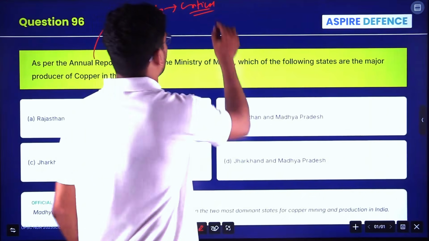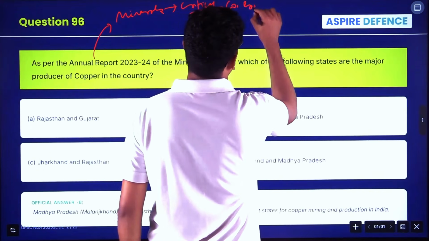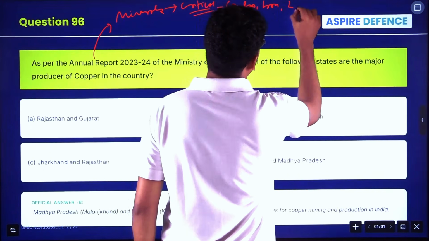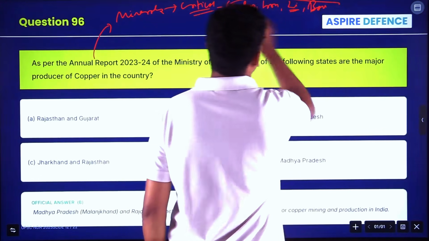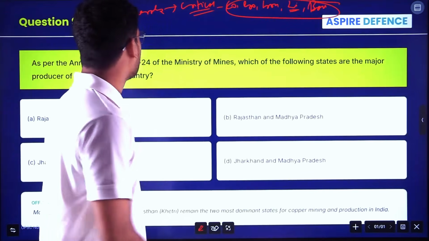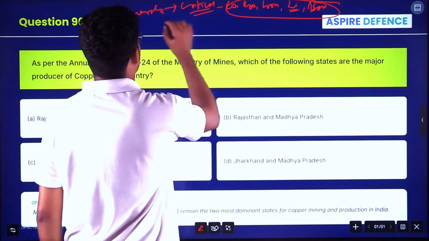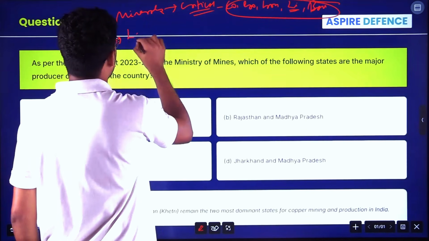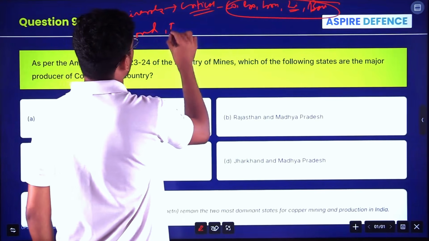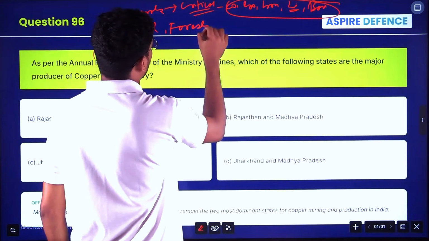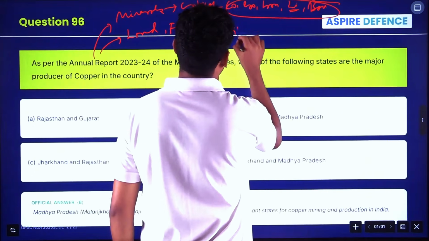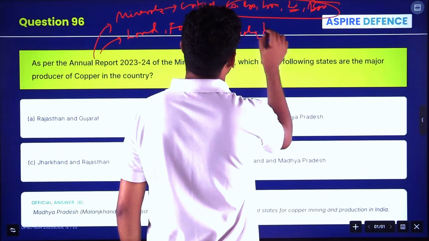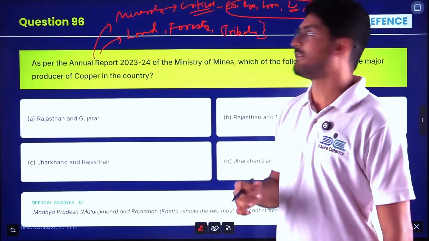Copper, gold, iron, aluminium, lithium nowadays, bauxite, all these are important and will be asked in the question. Critical minerals, land reports, forest reports, if any tribal reports are there, tribals, all this will be asked very briefly on the surface layer.